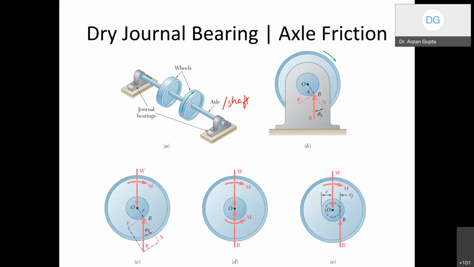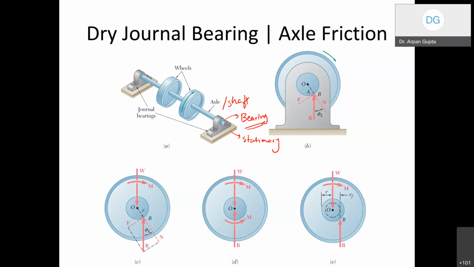Now a rotating object cannot be just left in air, right? It has to be supported on a stationary object, and so this is stationary. To support a rotating object on a stationary object, we have to provide something called a bearing. And that is what we will discuss in this class in detail.